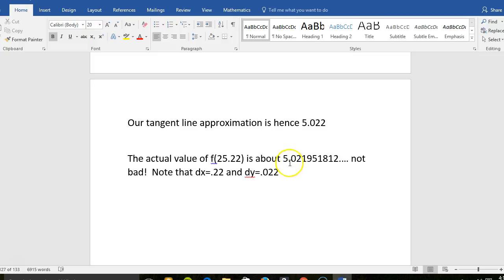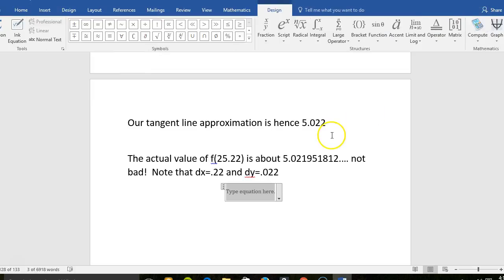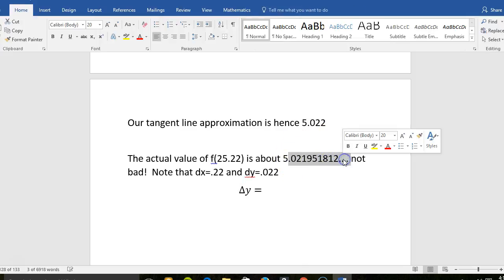Dy really is 0.022. Delta y would just be this guy right here that goes on forever without the 5. Remember, you got to subtract off the 5 to get what you're after.